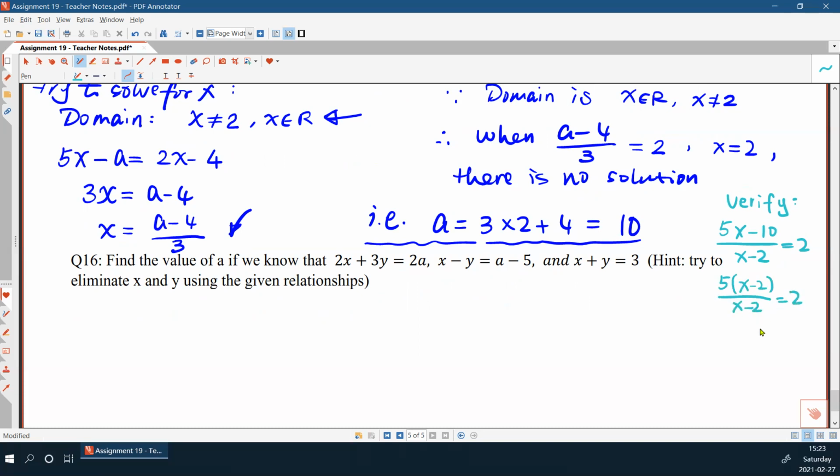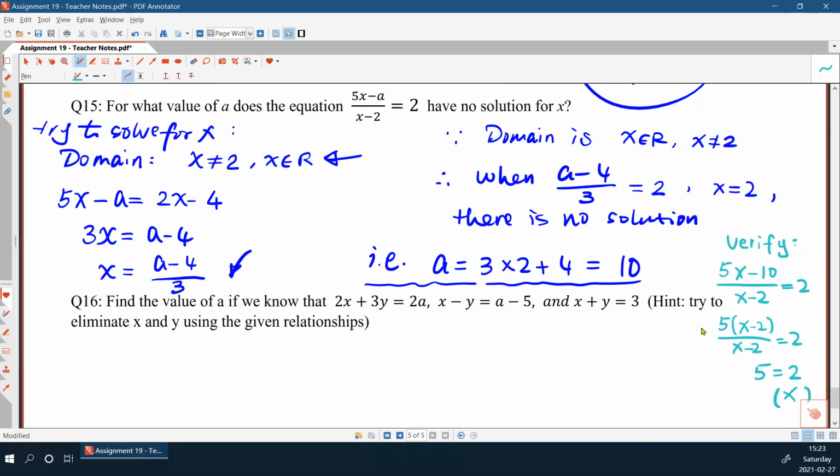So this gives you 5 equals 2. This cannot happen, so there is no solution for x if a is 10. Did you get it? So next time when you see a problem like this, if you don't know where to start, you can always try to solve for x and see what will happen there. All right?